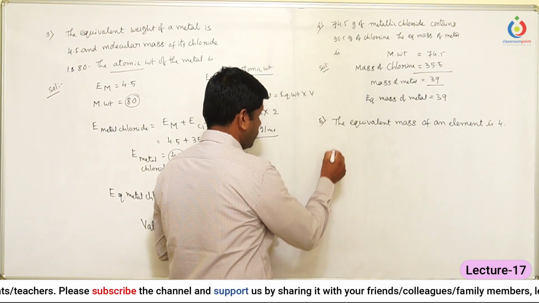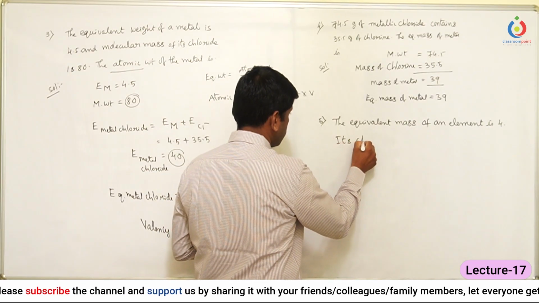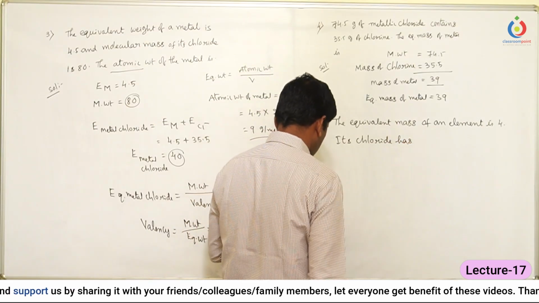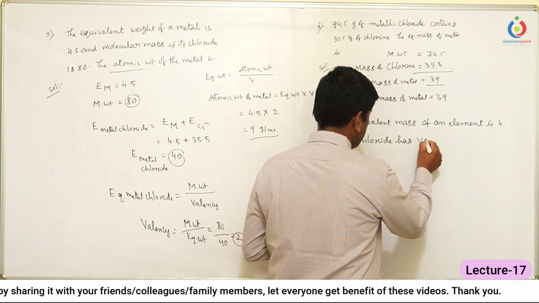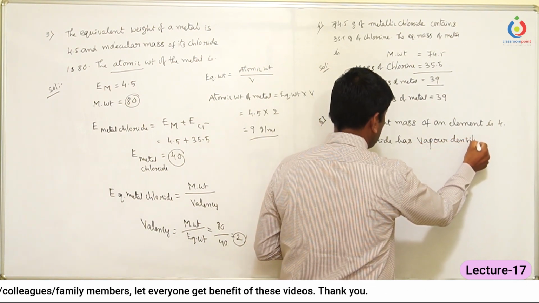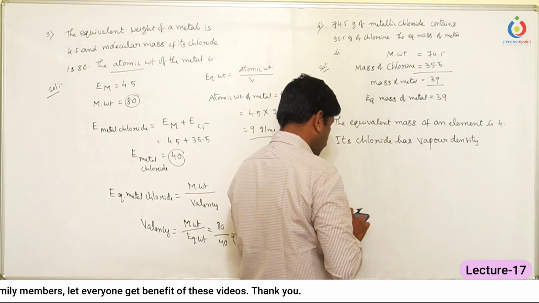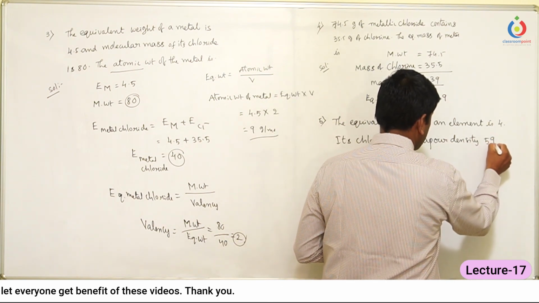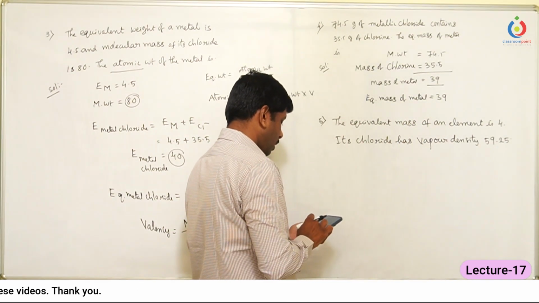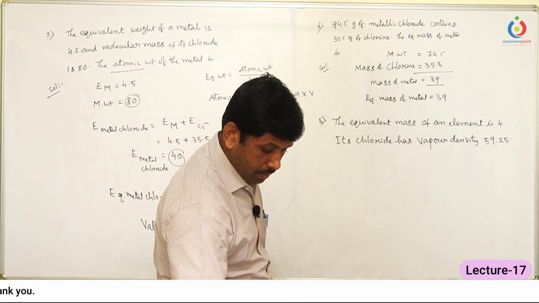Its chloride has vapor density 59.25. The valency of the element is?